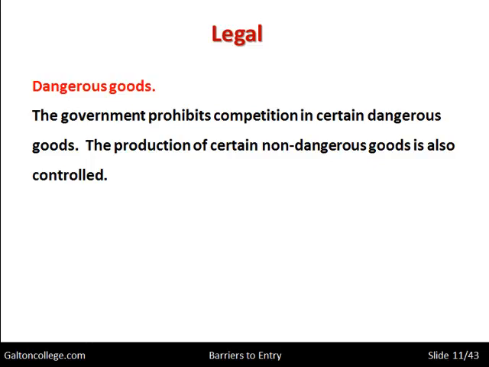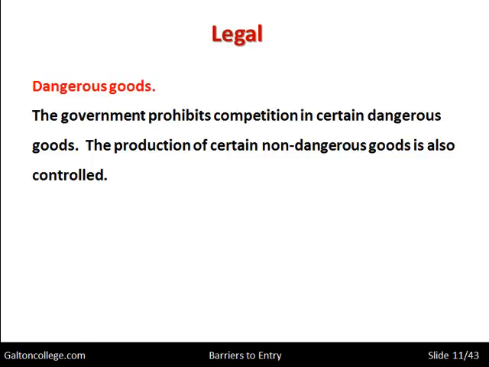Some non-dangerous goods are also controlled. For example, the mint has got a right to produce money. It produces money on behalf, in the UK, of the Bank of England, on behalf of the Treasury. Printing money presumably is a very profitable business, but we can't start printing money. That's called counterfeiting. It's illegal.